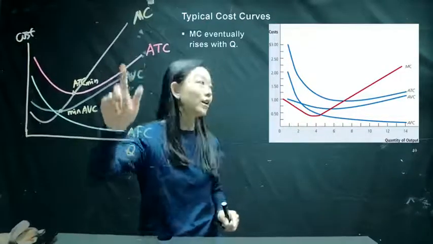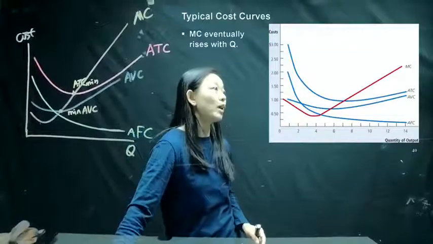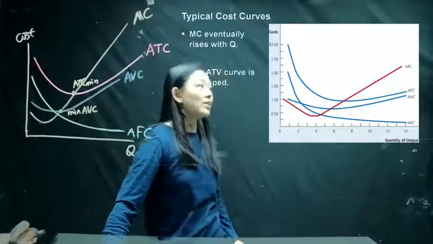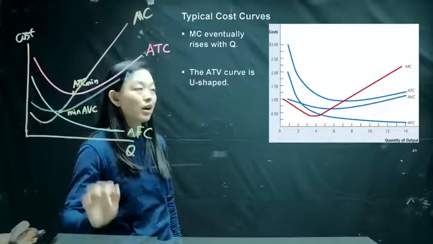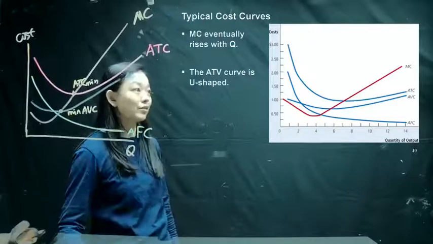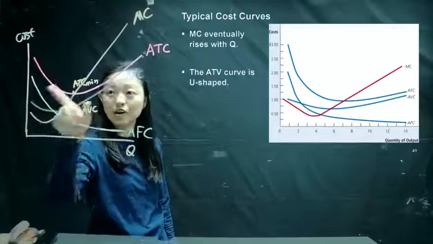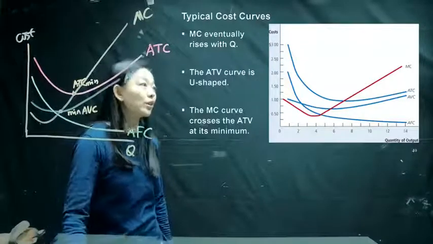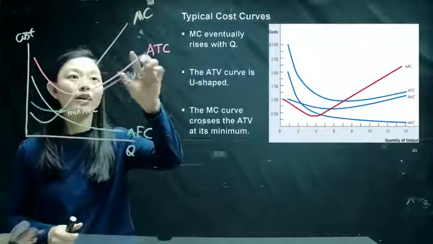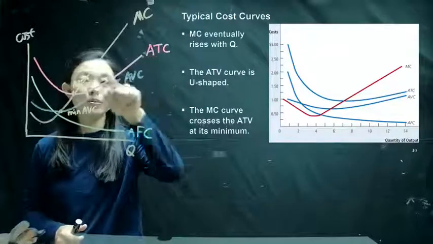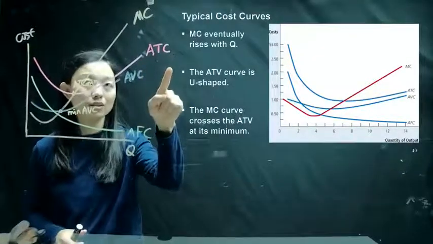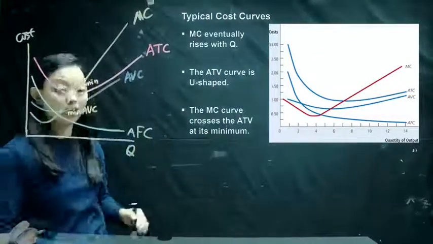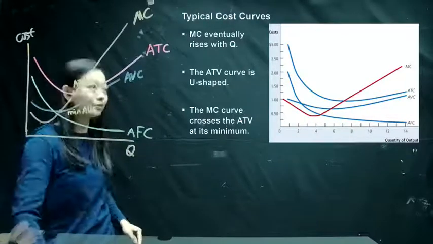The marginal cost curve eventually will increase as more output is produced, and the average total cost curve and average variable cost curve are always U-shaped. The marginal cost curve will intersect with the minimum point of the average total cost curve and average variable cost curve, as I show here.